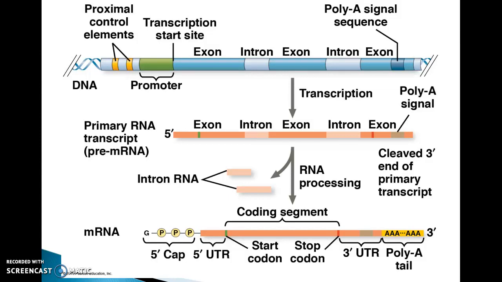Now, these transcription factors or proteins are either going to activate transcription, which means increasing the likelihood that transcription is going to take place, or they are going to repress, which means decreasing the likelihood of transcription, depending on the proteins that bind to the non-coding pieces of DNA, known as control elements.